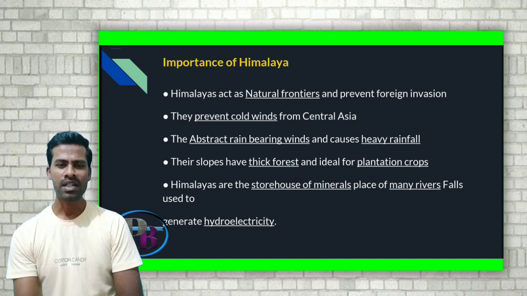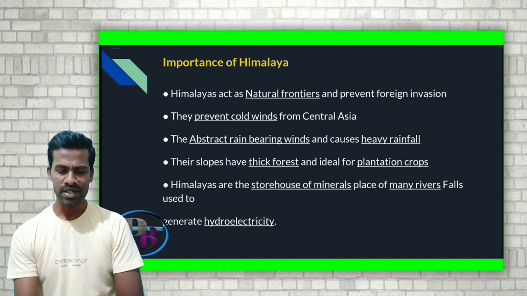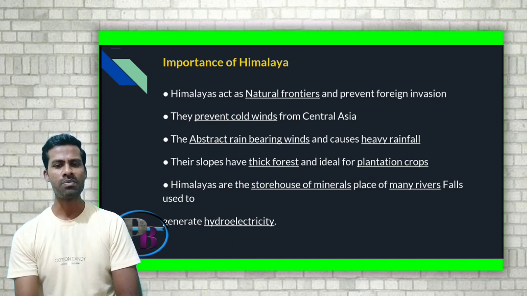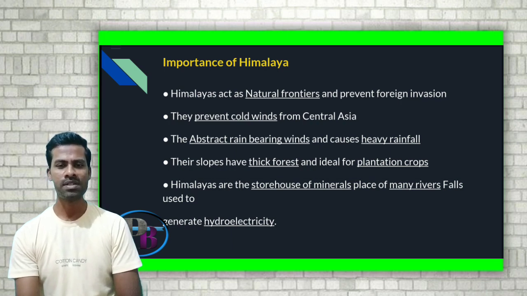The second point is that it prevents the cold winds which blow from Central Asia and Siberia from reaching India, and keeps India warm because of the great height of the Himalaya.